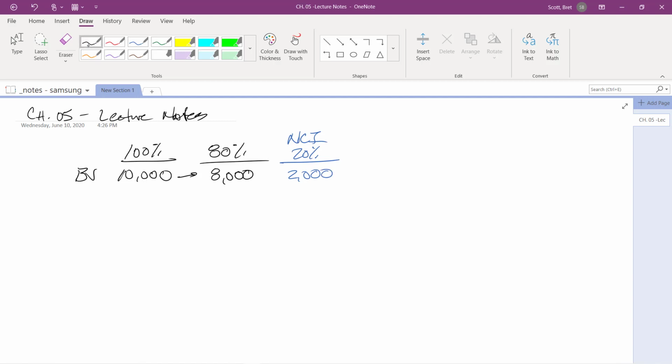Now, let's just assume for a second that when we have consultants go in and determine some fair value adjustments, they find that the land needs to be reduced down by $100,000. That means that I have a stake in that as well.